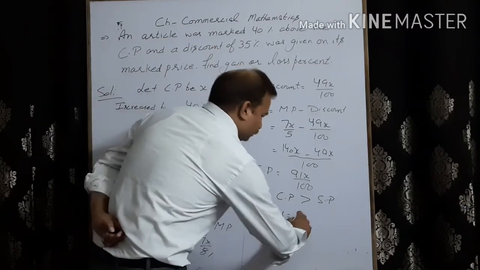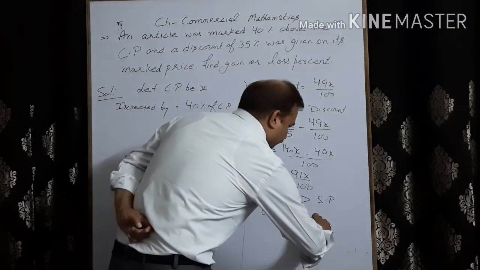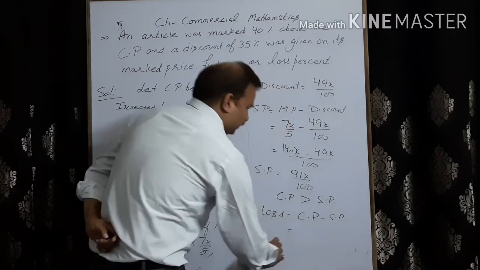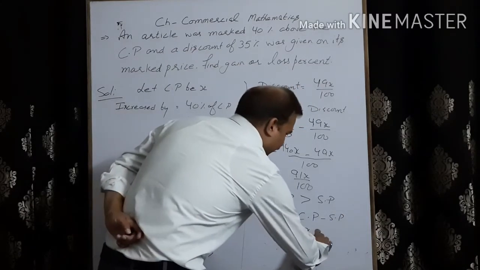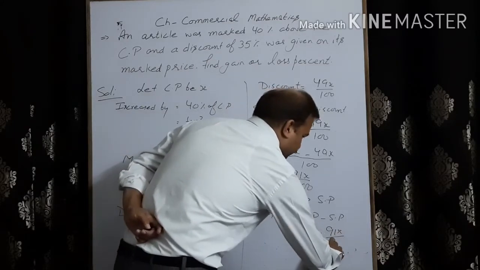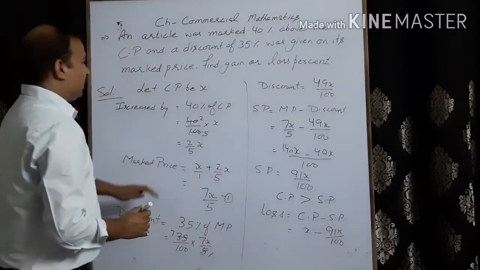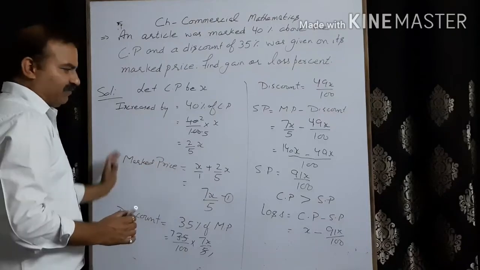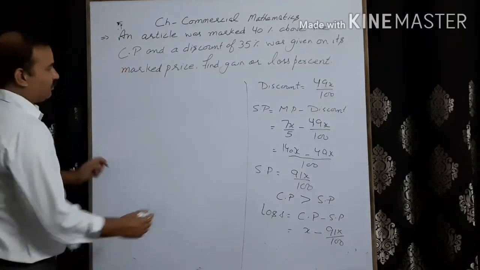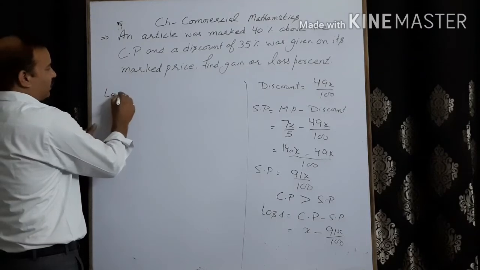Loss is equal to cost price minus selling price. So what is the cost price? That is x minus 91x by 100. I'll erase a little portion of the left hand side, then I'll solve the value of loss for you. So what is loss?